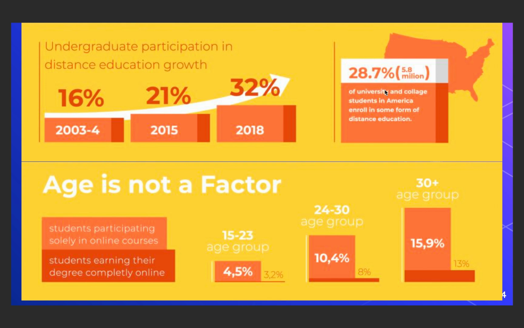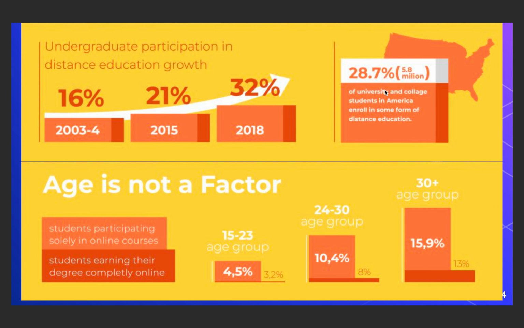There are some graphics which show that there is no age factor. As you see, students participating solely in online courses and students who earn their degree completely online, they are different, but you see that mostly people under 30 can go and study online.